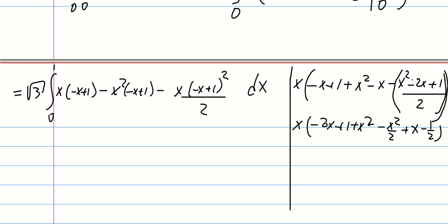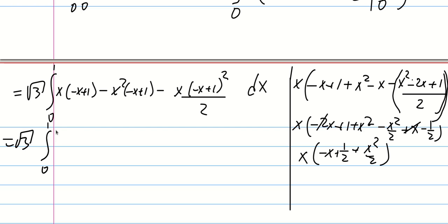So let's see, we have negative 2x and x, so one of them goes away. Then we have 1, so we have negative x left. 1 and negative 1/2 is 1/2. And then we have x squared minus x squared over 2, so it's x squared over 2. So we go back, we put it over here, so we have 0 to 1, and multiply by x, so it's negative x squared plus x over 2 plus x cubed over 2 dx.